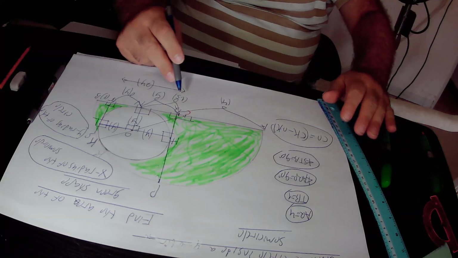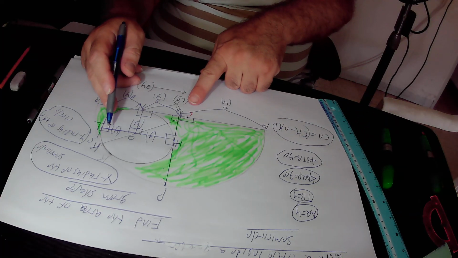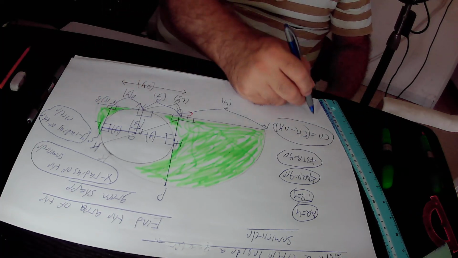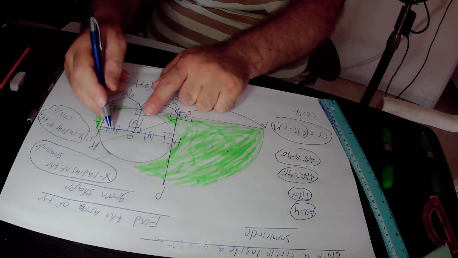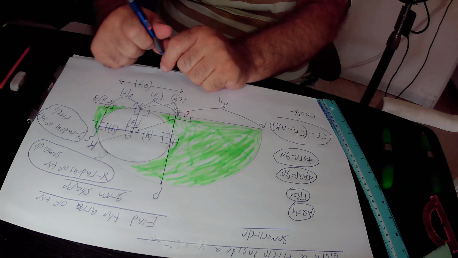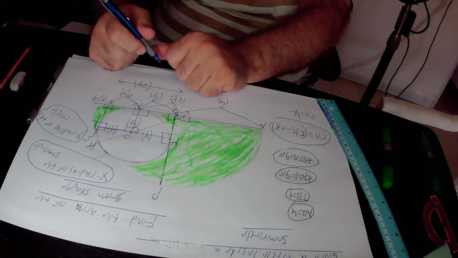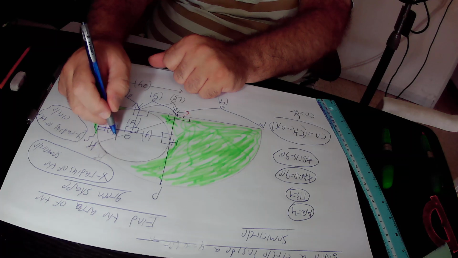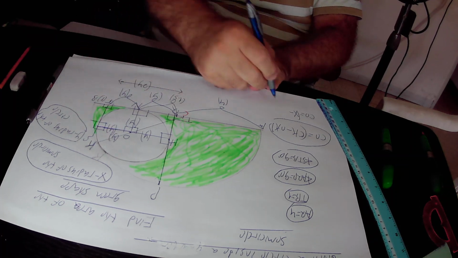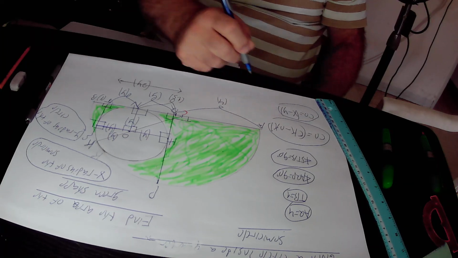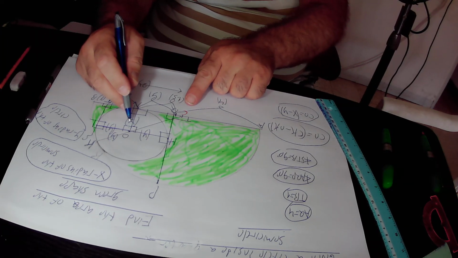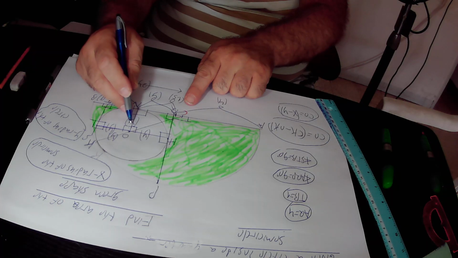CK is the radius of the semicircle, equal to X, minus OK. OK is the radius of the small circle, equal to Y. So in total, we found out that the length of this line segment CO equals X minus Y.